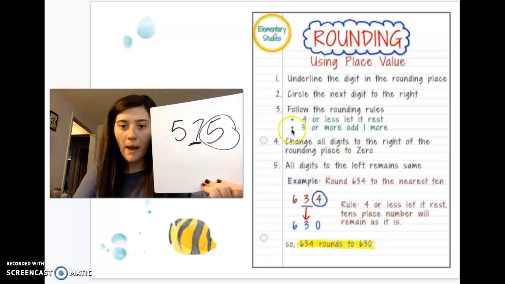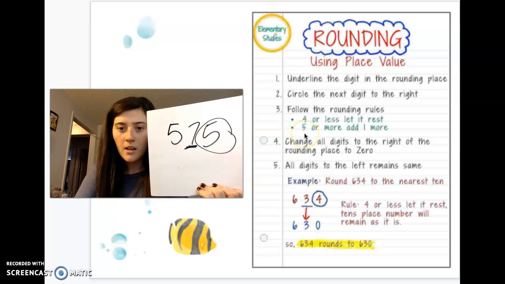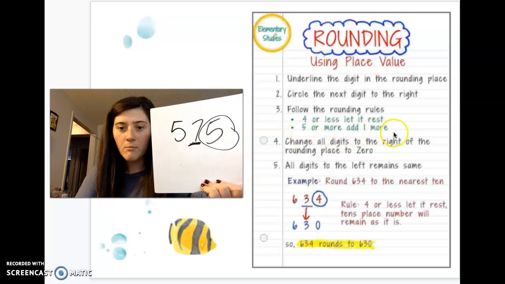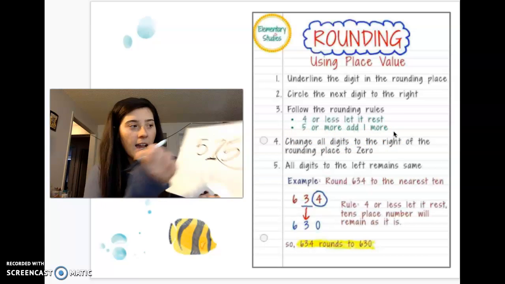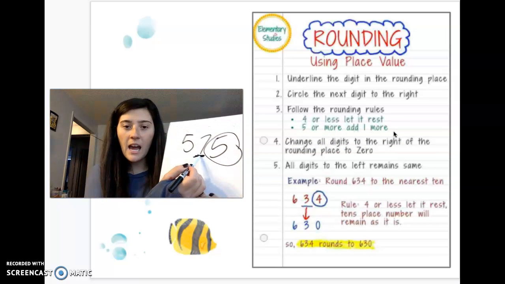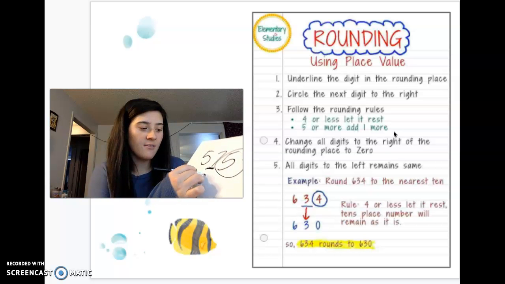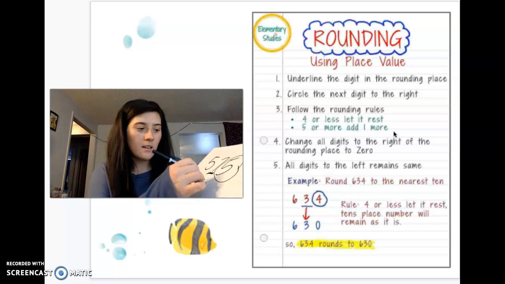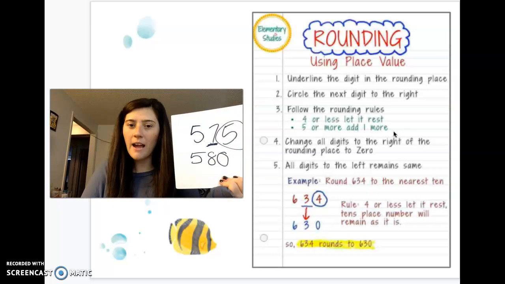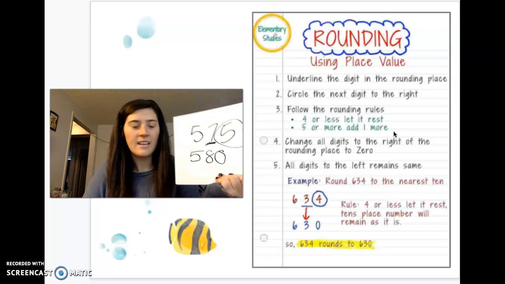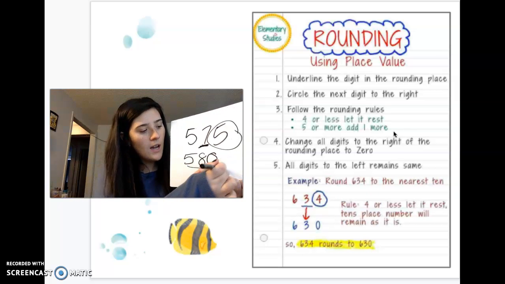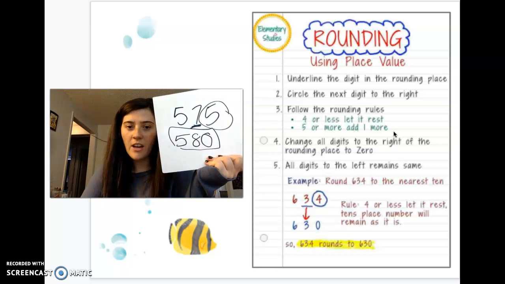So now I'm going to go back to my little rule. 5 or more, add 1 more. So when I do that, I know that I'm going to have to add 1 more to my 10. So that's going to change it to 5, 8, 0. And I rounded to the nearest 10. So my new number is 580.